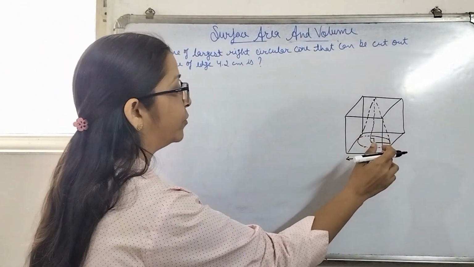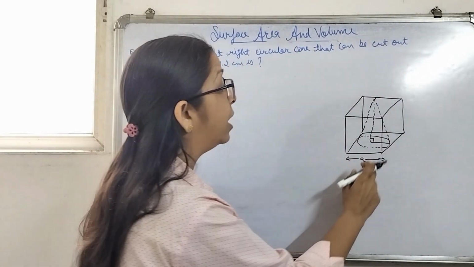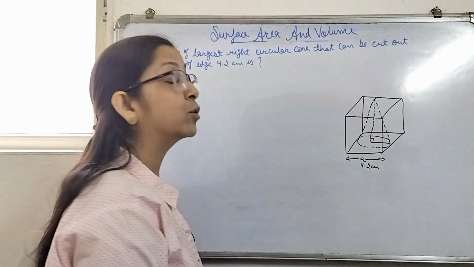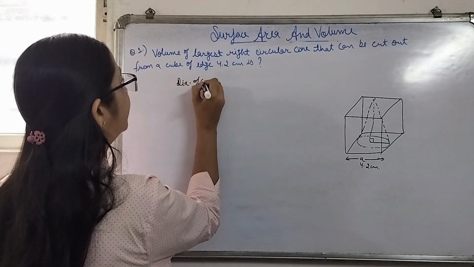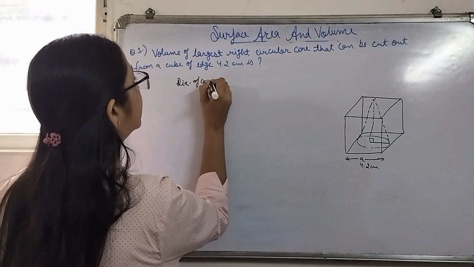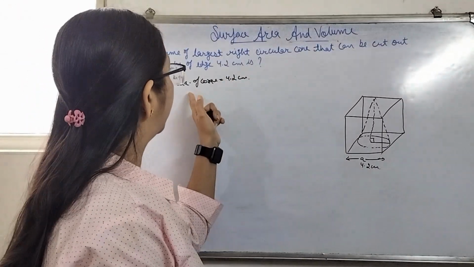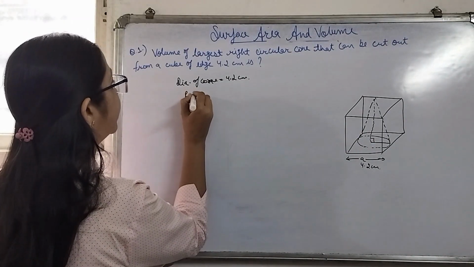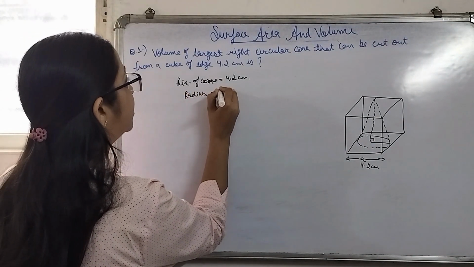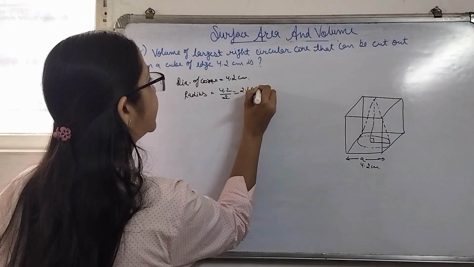So over here what we can see is that this is the edge of the cube, that is 4.2 centimeter, and this is only the diameter of the cone also. So the diameter of the cone is given to us as 4.2 centimeter, and if the diameter of the cone is 4.2 centimeter, we can say that the radius will be 4.2 divided by 2, that is 2.1 centimeter.